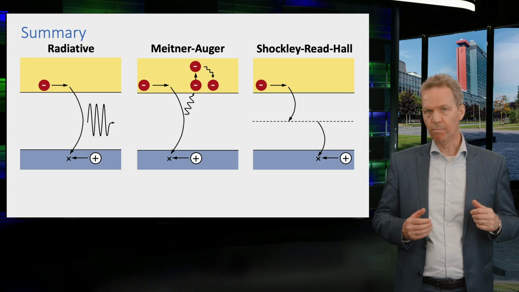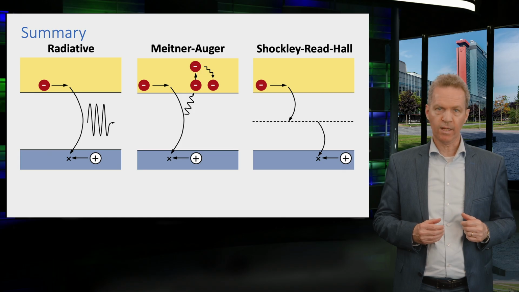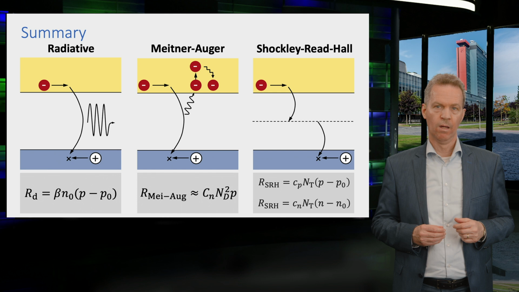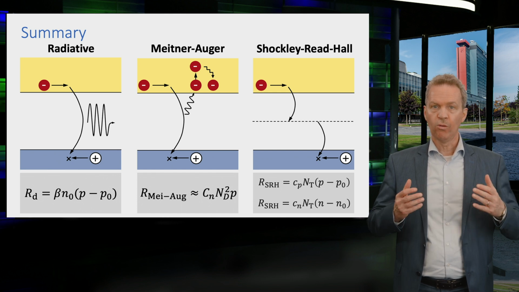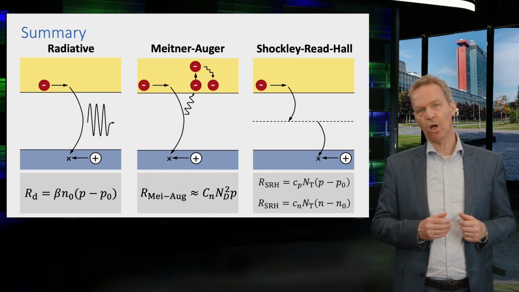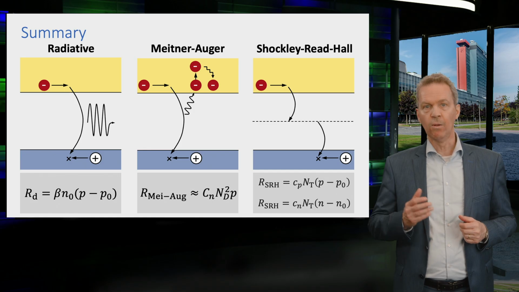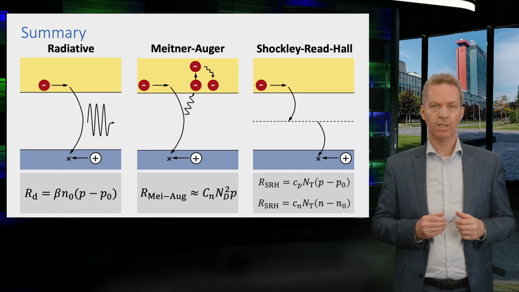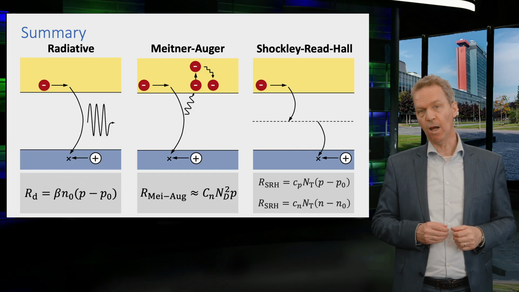We have discussed the mechanisms underlying these processes, and we have derived their recombination rates. With these equations, together with our knowledge about charge diffusion and drift, we can now take the next step, the ambipolar transport equation, which is presented in the upcoming video.